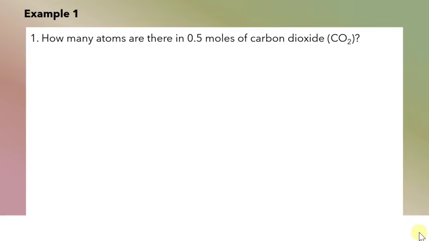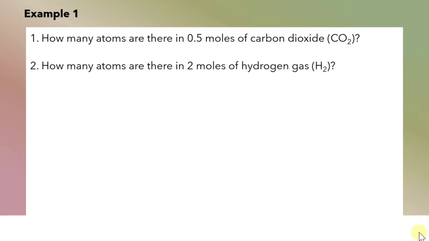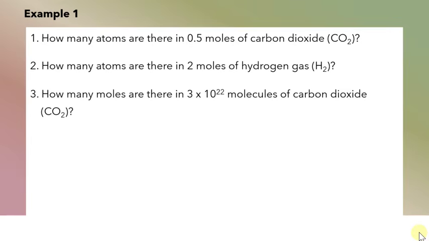We continue. Now let us look at some examples. So this is example 1. Example 1 says how many atoms are there in 0.5 moles of carbon dioxide. Then number 2 says how many atoms are there in 2 moles of hydrogen gas.